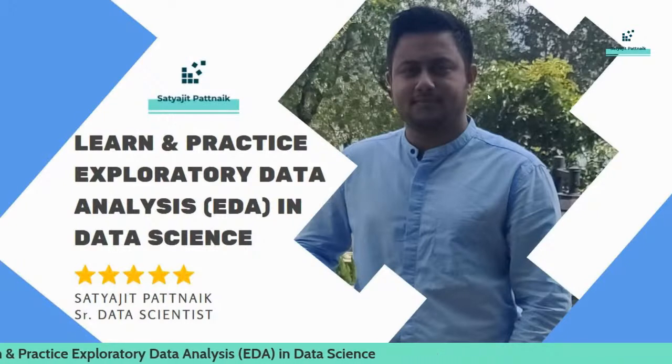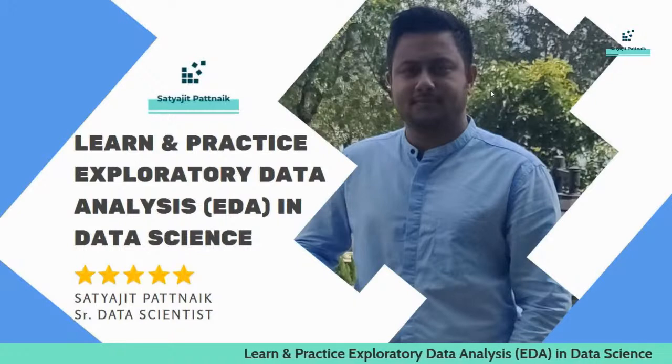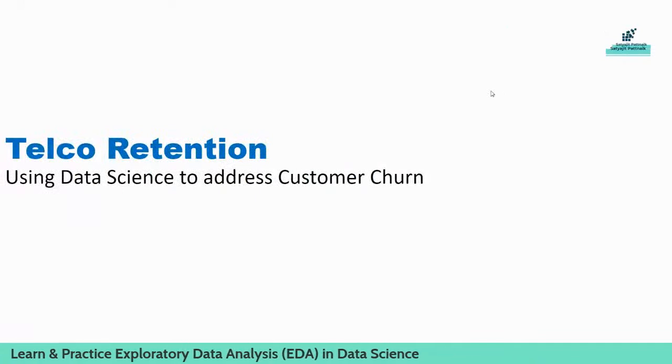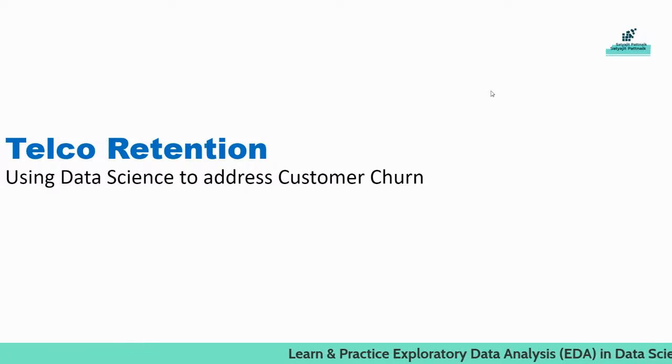Today's topic, as I already told, is going to be on EDA, but I have chosen one use case which I have already talked about on my channel a couple of months back. So it could be repetitive, but trust me, telecom retention or churn prediction are very common use cases. They are not just relevant to the telecom domain.